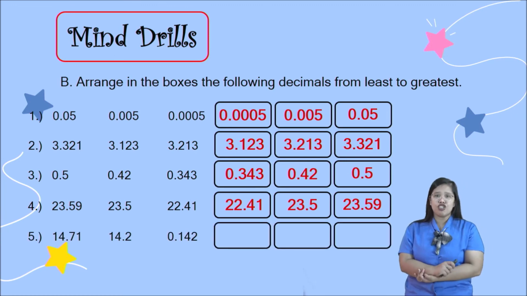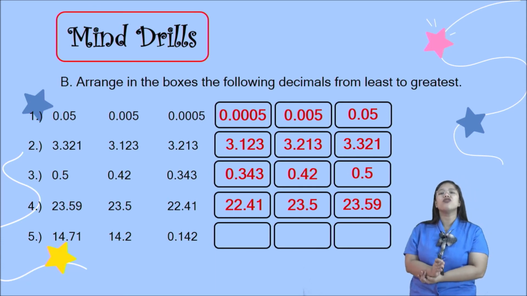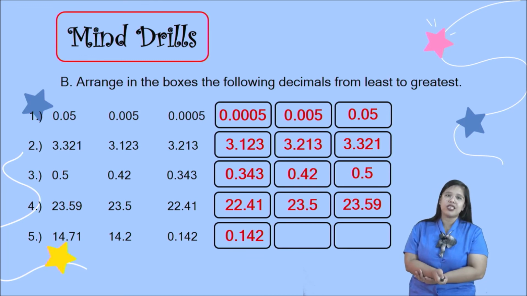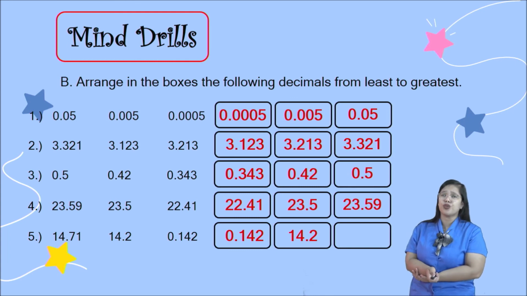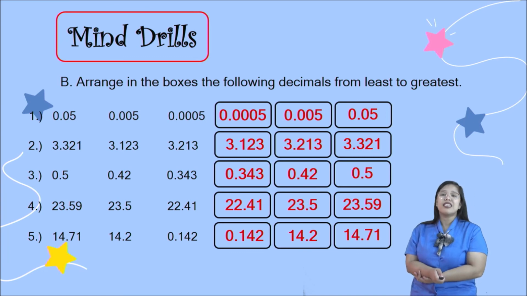For the last number, we have 41 and 71 hundredths, 14 and 2 tenths, 142 thousandths. The first one should be 0 and 142 thousandths. The next one should be 14 and 2 tenths. And lastly, we have 41 and 71 hundredths.